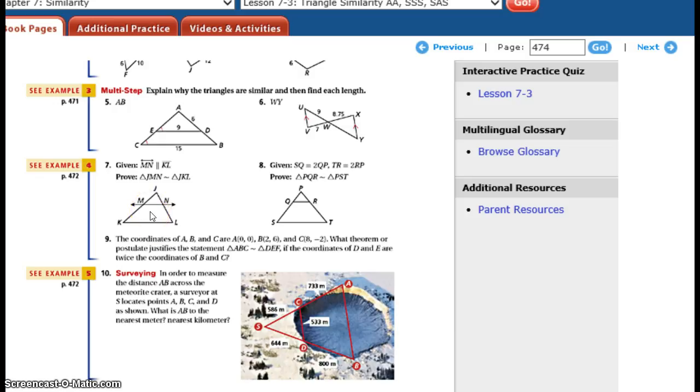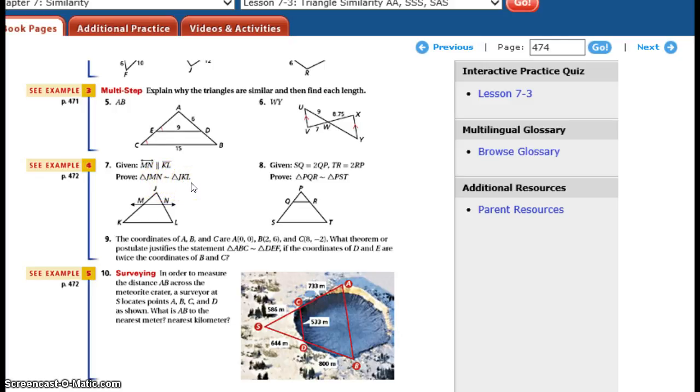Therefore, because of AA, because we know that two sets of angles are congruent, we can say that JMN is similar to JKL.